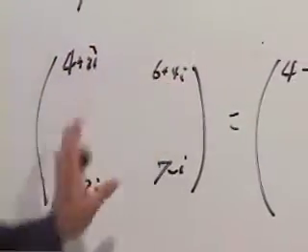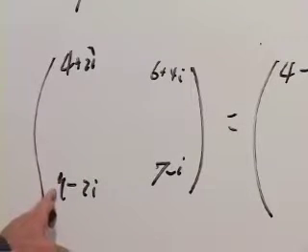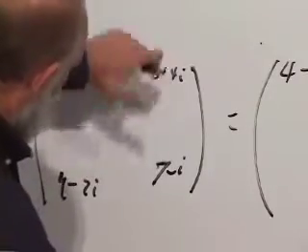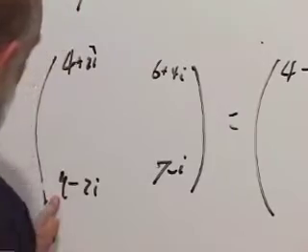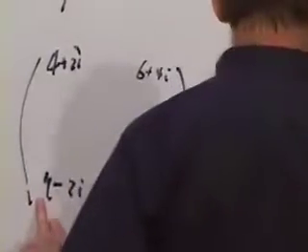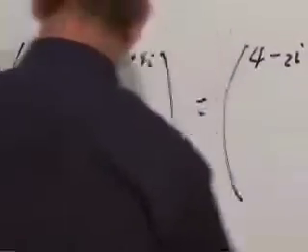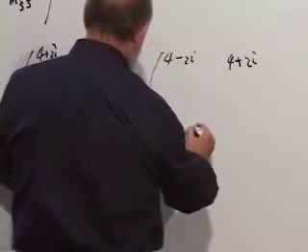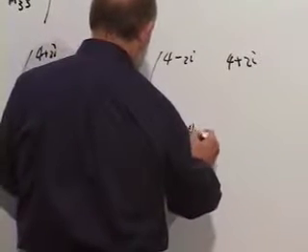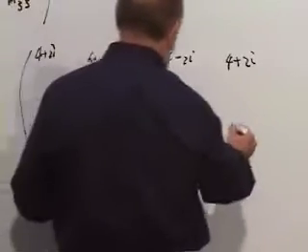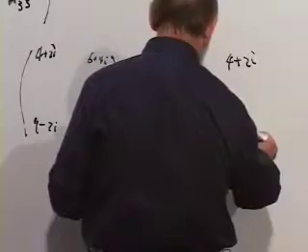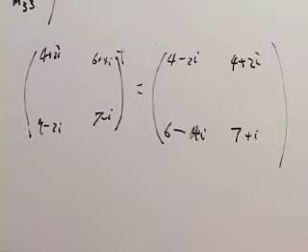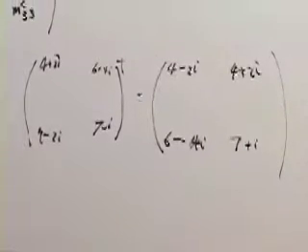Now, the element up here, first we have to transpose, which means we interchange rows and columns, and then complex conjugate. So then we get 4 plus 2i up here. This one complex conjugated goes down here, 6 minus 4i. And the diagonal matrix element stays where it is, but it gets complex conjugated, 7 plus i. So that's the idea of Hermitian conjugation. Flip the rows and columns, and then complex conjugate.